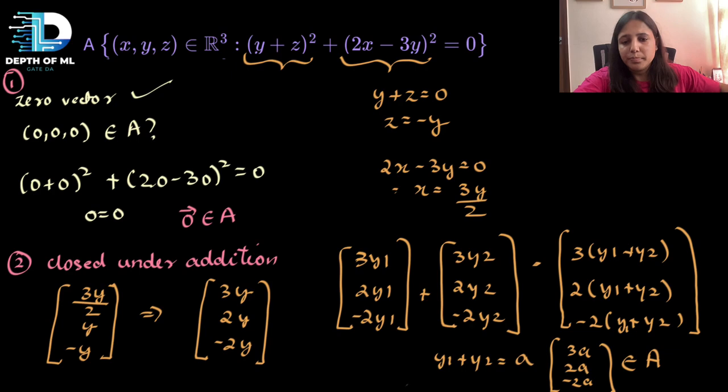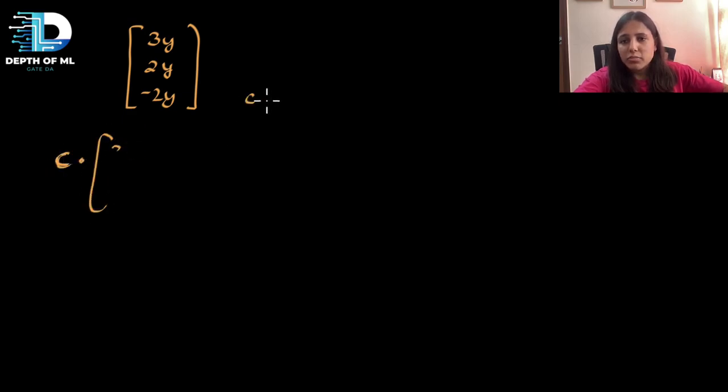Now let me test it for closure under multiplication. For this, I'll take the vector of the form 3y, 2y and minus 2y, and multiply by c, where c comes from the real numbers.